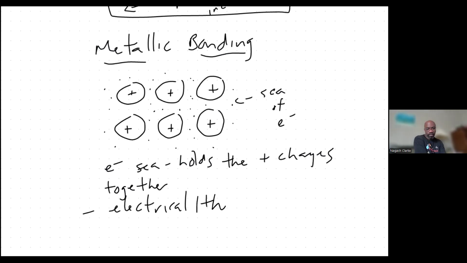If you remember, electrical conductivity results from the flow of electrons. These electrons can flow when exposed to a potential, and they can also convey heat energy. So that's a metallic character that nonmetals do not have.